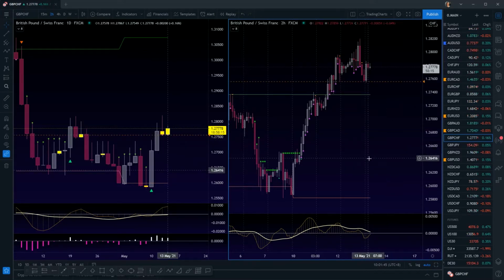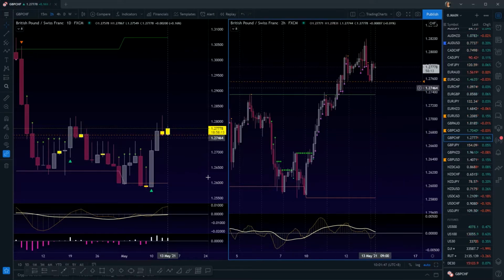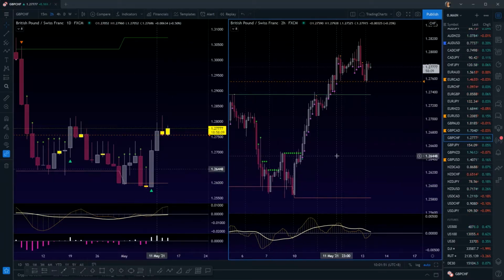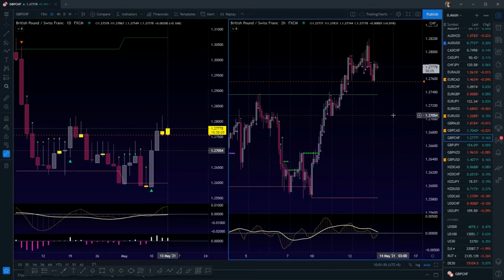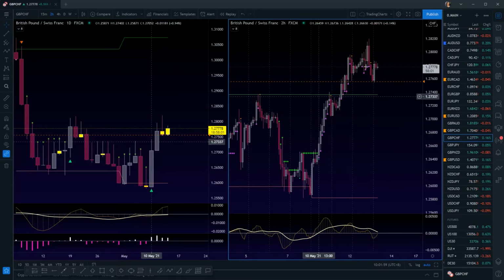We might take the downside, but just note this thing is in a temporary uptrend, so taking that down would be fairly risky. So you've got to use a smaller position. Upside, I don't know how to trade this, so we'll leave it as it is.